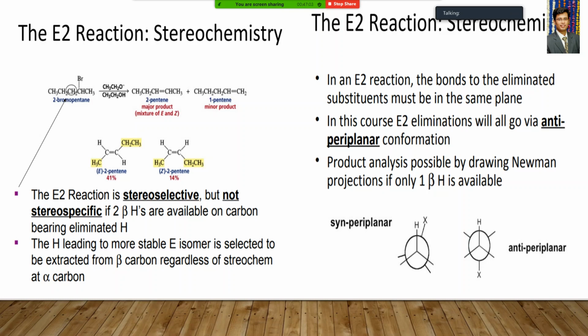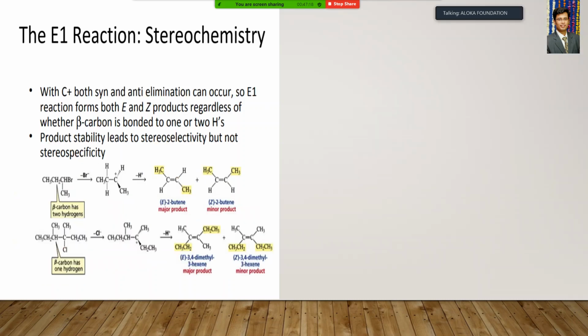Okay, so your trans isomer is more favored than your cis isomer. So in case of the E2 mechanism, the anti-periplanar conformation is more favored than the syn periplanar conformation.